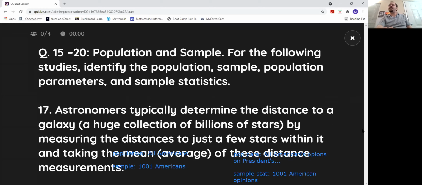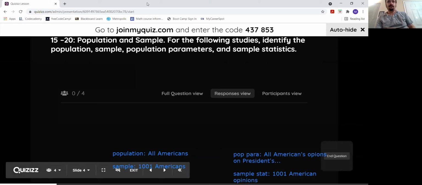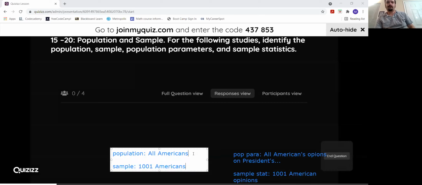Same thing. We want to determine the same thing, different example. Astronomers typically determine the distance to a galaxy, which is a collection of stars, by measuring the distance to just a few stars within it and taking the average of these distance measurements. So what's my population?